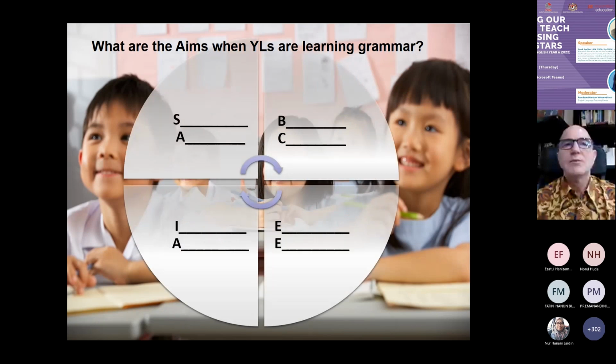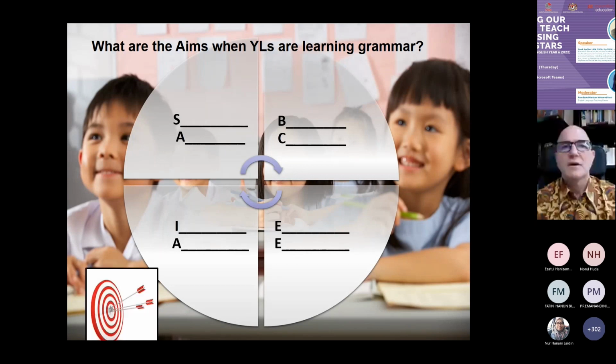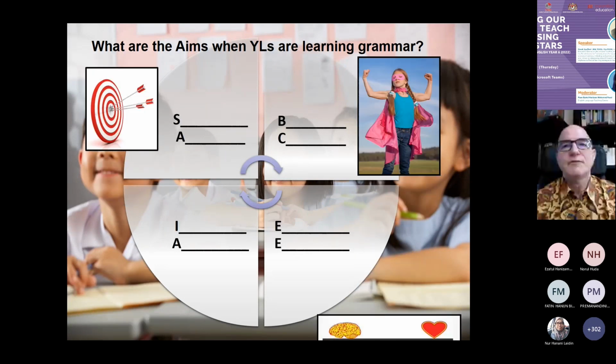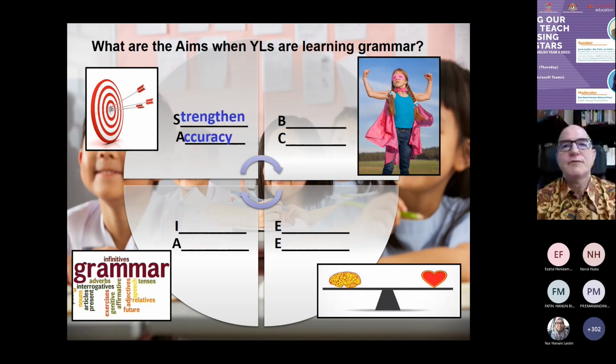Now, when we think about the aims of learning grammar, I've got 4 real key aims here, and I'm going to show these to you quickly. So the first one, the main aim is to strengthen the accuracy of our learners, okay? To make sure that they're making sentences correctly. If they can do that, it automatically builds their confidence when they then come to speak and use the grammar.